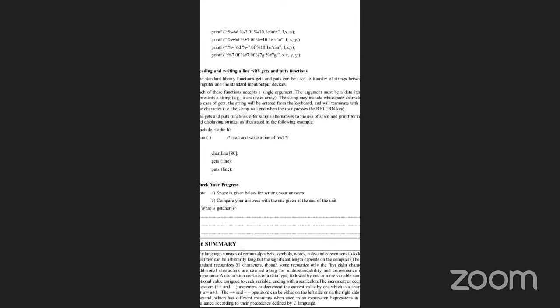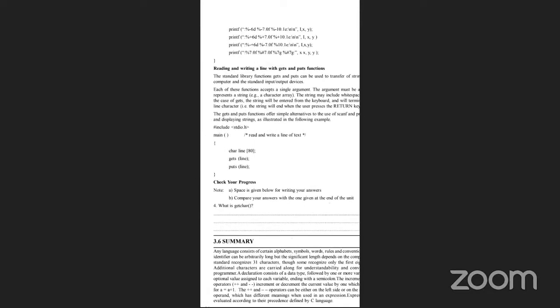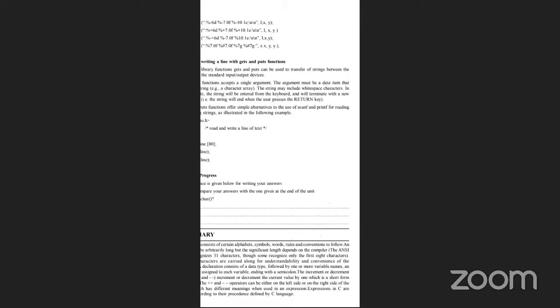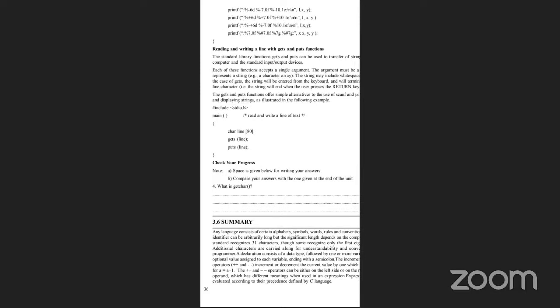The string may include white space characters. In the case of gets, the string will be entered from the keyboard and will terminate with a new line character. The gets and puts functions offer simple alternatives to the use of scanf and printf for reading and displaying strings.